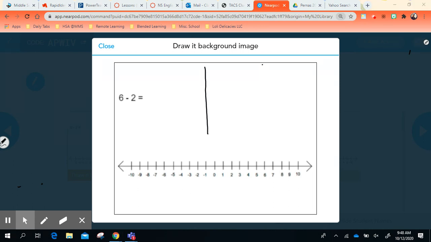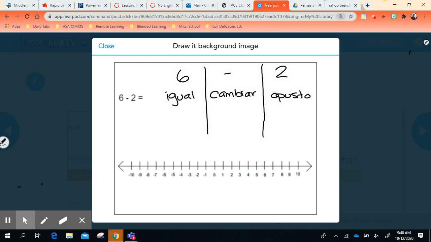Acuérdense que tienen sus 3 pasos. Tienen 6, restar y 2. Quieren que esta sea igual. Quieren que este lo vamos a cambiar. Y este vamos a hacer el opuesto. So el 6 se queda igual.